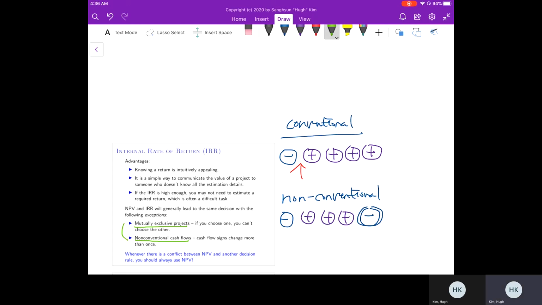In these two cases, NPV and IRR may lead to different decisions. Whenever there's a conflict between NPV and IRR, or another decision rule for that matter, we have to use NPV always.